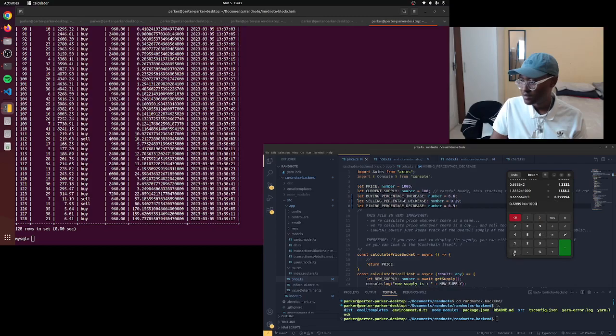Price will go from 1,000 to 600. So this is confusing.